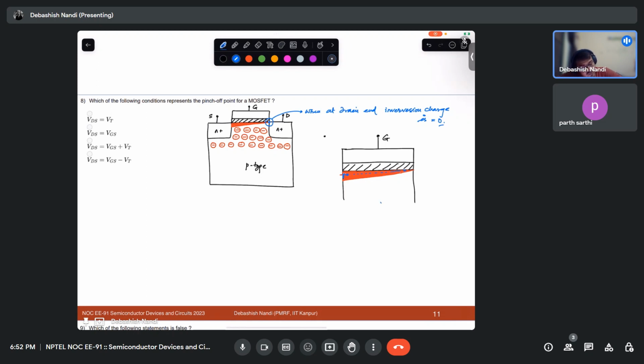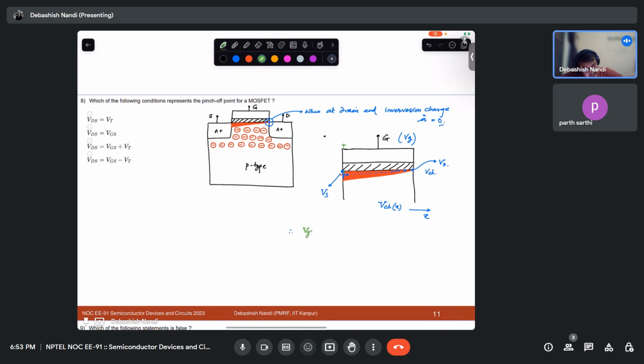Let's call that potential VCH. This is the X direction and VCH is varying. Now it is VG and it is VCH. What is the potential at this point? Source potential VS. What is the potential at this point? VD. So what is the effective potential from gate to channel at this point?